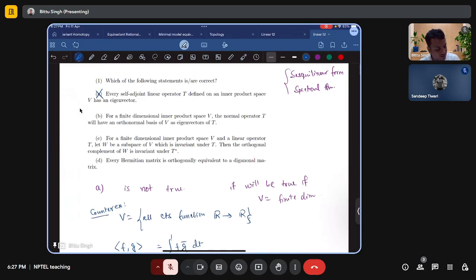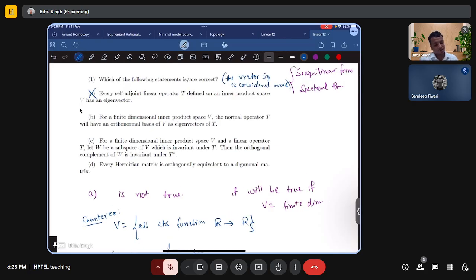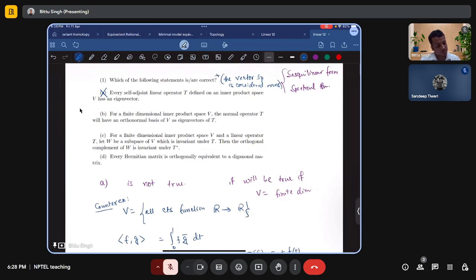So let me add something. The vector space is considered over C. This is added to this question.